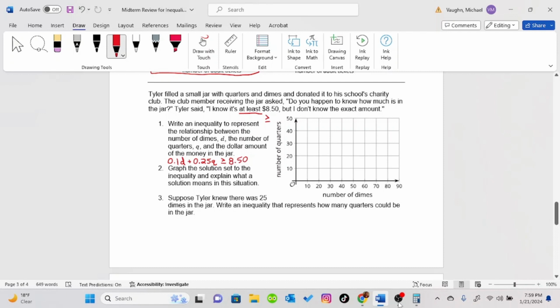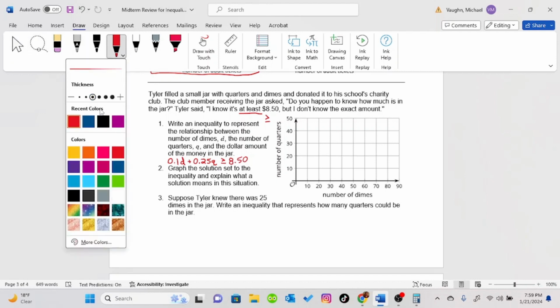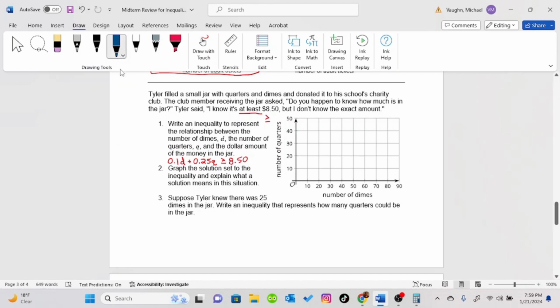Graph the solution set to the inequality and explain what a solution means in this situation. So we're going to find our intercepts. First, we'll say, what if we had no dimes?